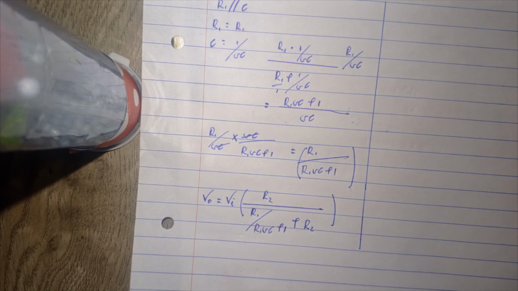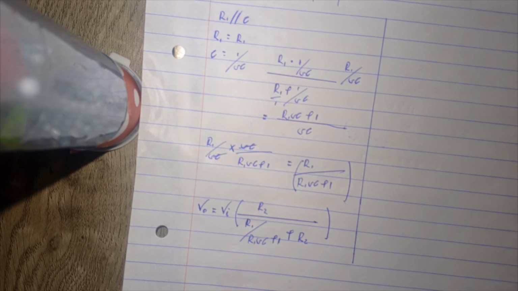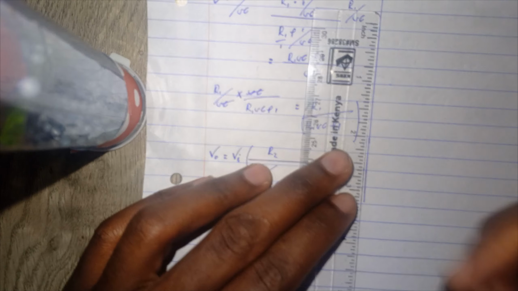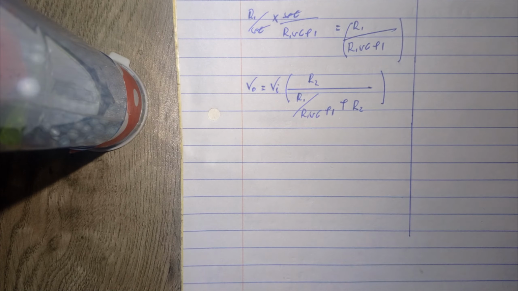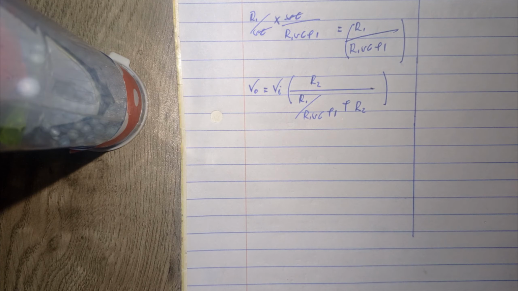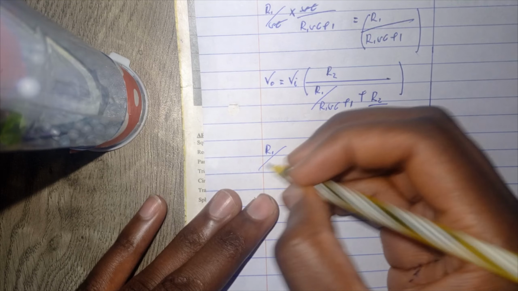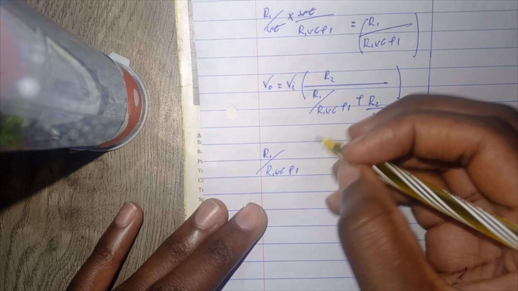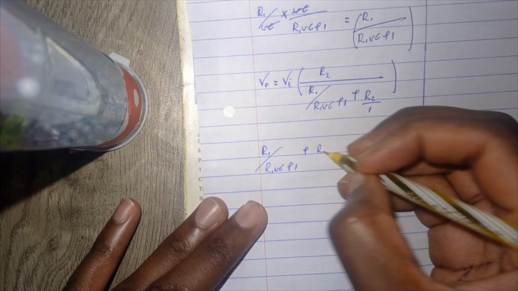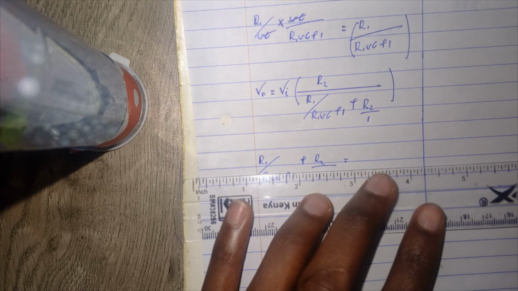So let me go to the other side. After finding this, we're going to calculate the bottom one. Remember, this R2 is over 1, so we can just write R1 over R1 SC plus 1 plus R2 divided by 1 is equal to, let's find this one first.